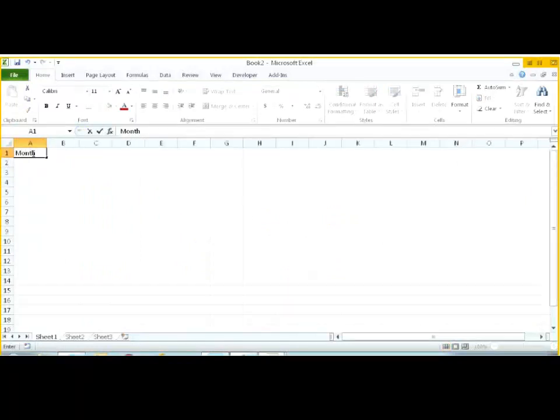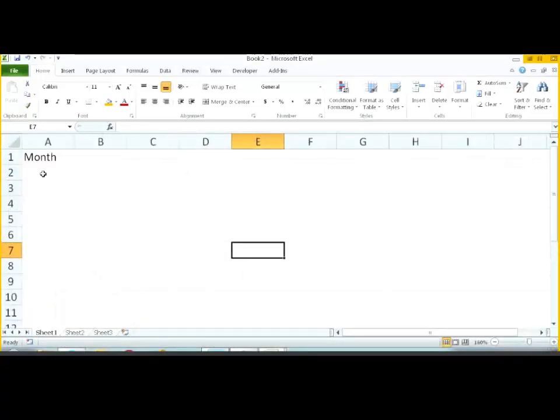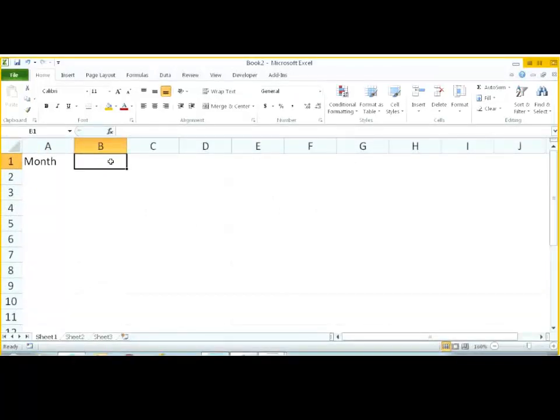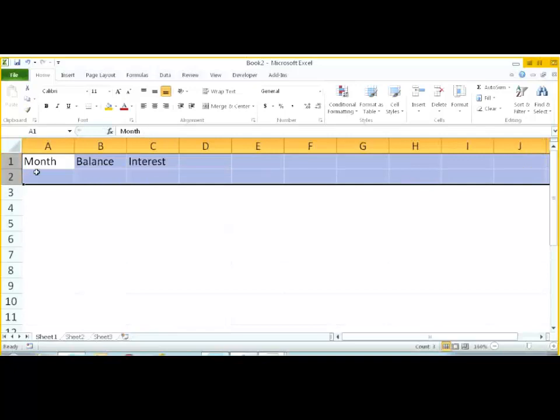So what we're going to do is have a column that is the month out of those 20 years. So I'm going to do this for 20 years. And I'm going to have a column that is the balance of the account. And then I'm going to have a column that's the amount of interest that I gain every month.